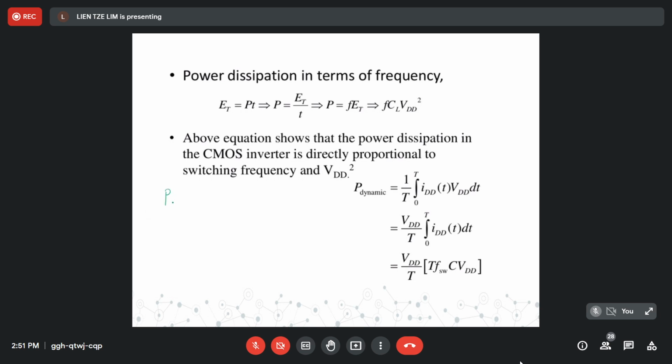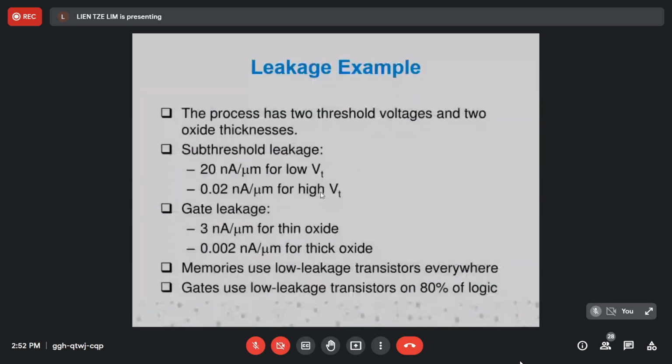Just now I showed you the formula for the switching power, F C VDD square plus F CL VDD. Just now I showed you equation 5.11.